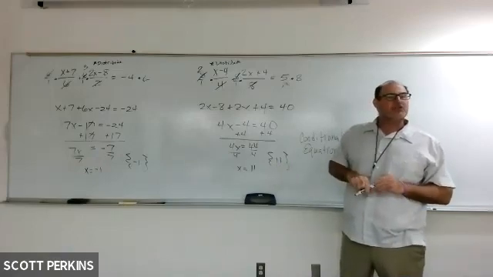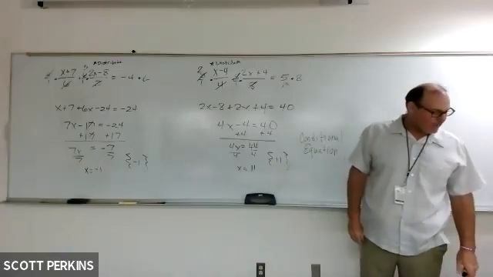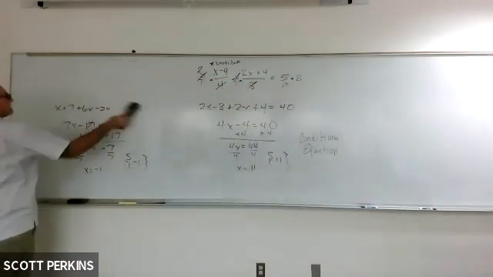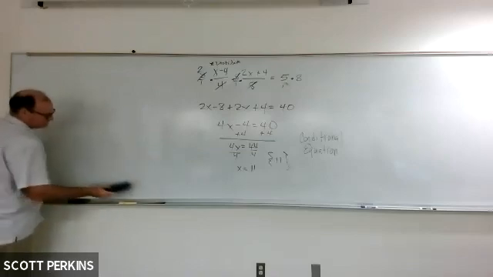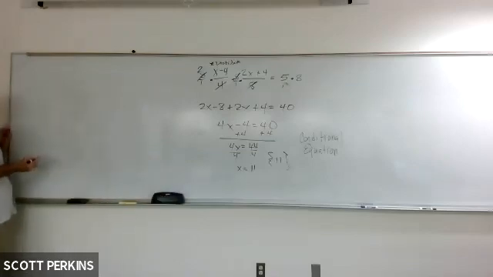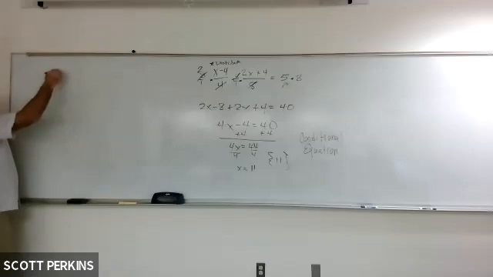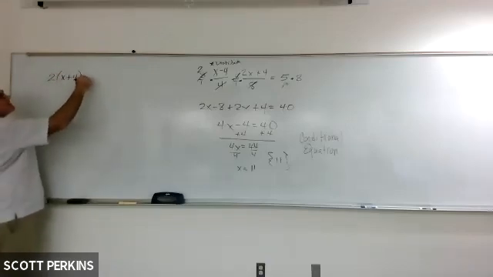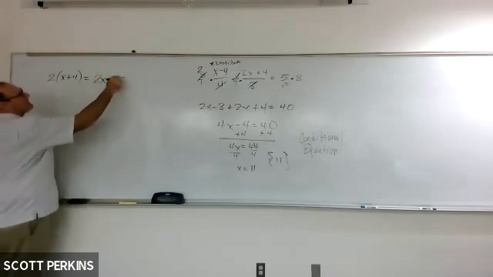But there are two other terms for equations that you're going to see. And I'm just going to give a super simple example of each. The first one is this. Let's say that I have 2 in parentheses, x plus 4 is equal to 2x minus 5.